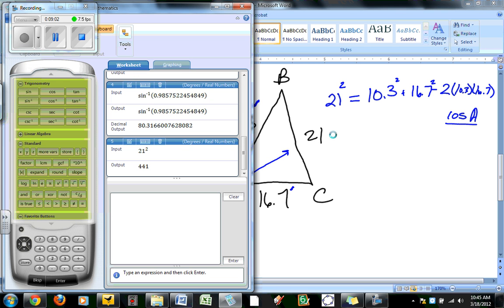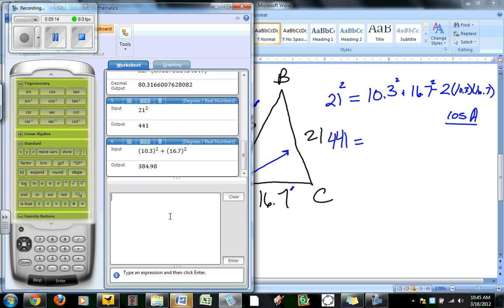I guess I could have probably done that in my head. 441 equals 10.3 squared plus 16.7 squared. These two added together, after we square them first, we get 384.94.